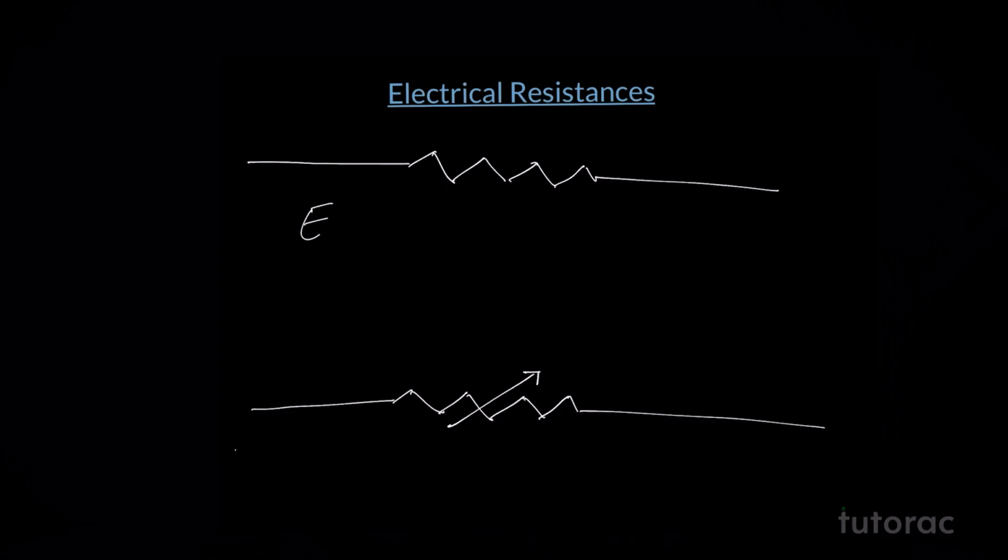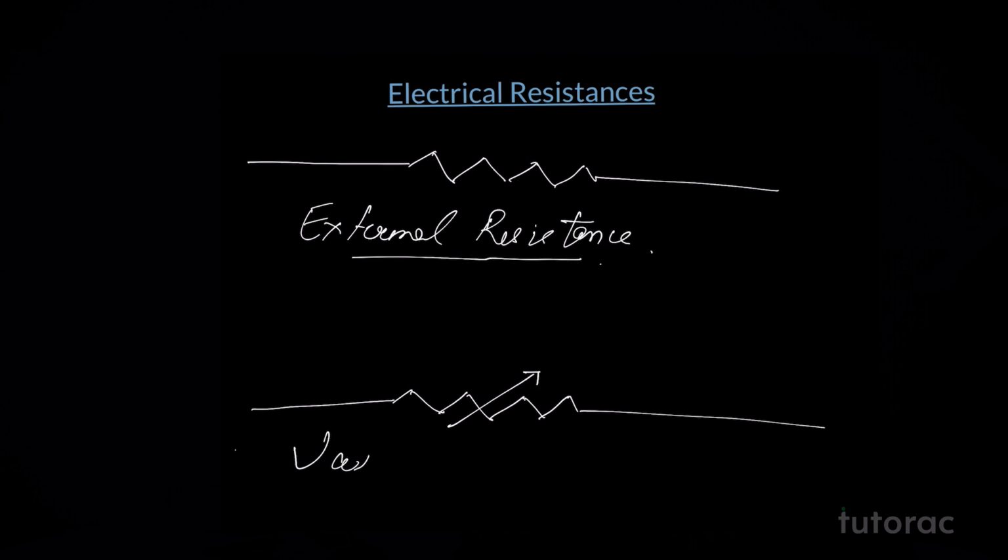To denote a single resistance, we use this symbol. Here we have a variable resistance. This we denote with a simple arrow.